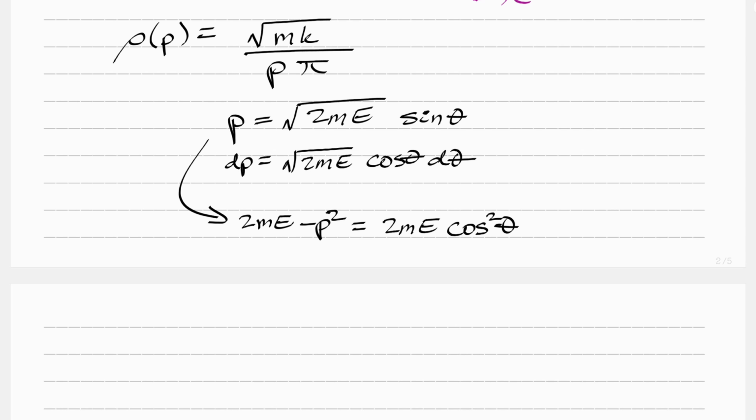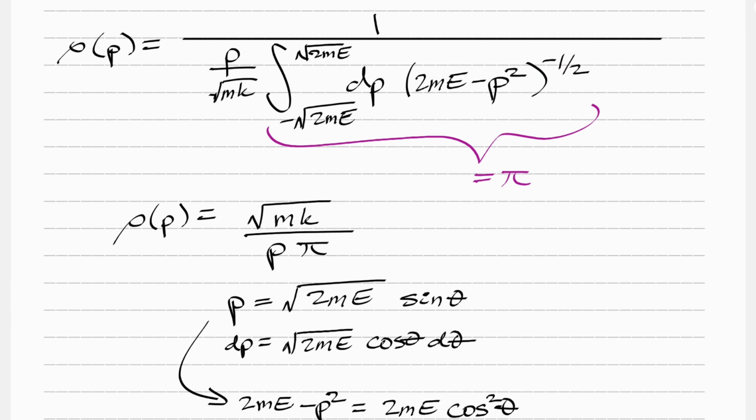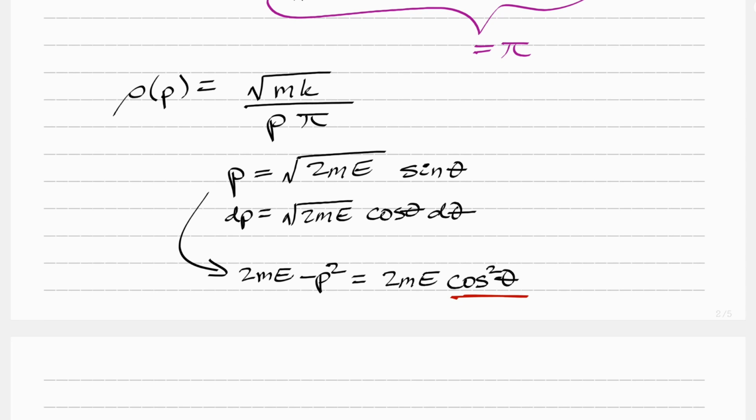And so you do that and you'll notice that this is actually under a square root. And so it's going to be cosine here instead of cosine squared. That's going to cancel with that cosine. That's the way that you want to do this problem. What you end up getting is an integral from inverse sine of minus 1 to inverse sine of 1 d theta, which is really just minus pi halves to pi halves d theta.